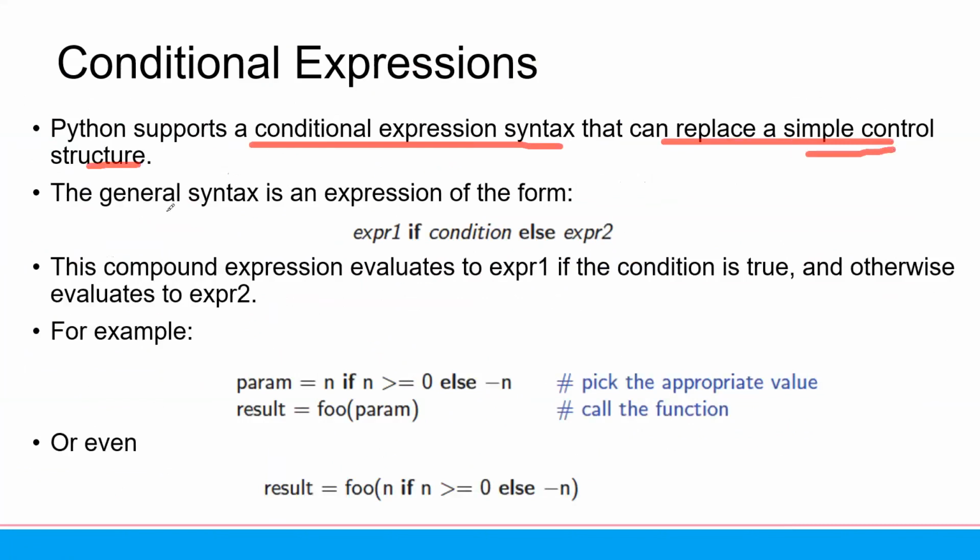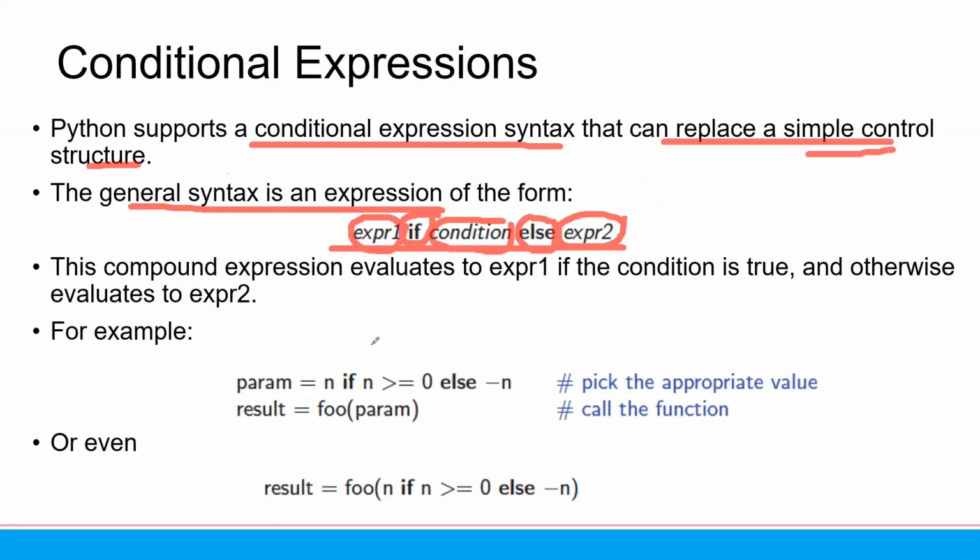We can put the syntax in an expression with a single line. So this is the expression. And then I have the if, I have the condition, I have the else, and then I have the other expression.